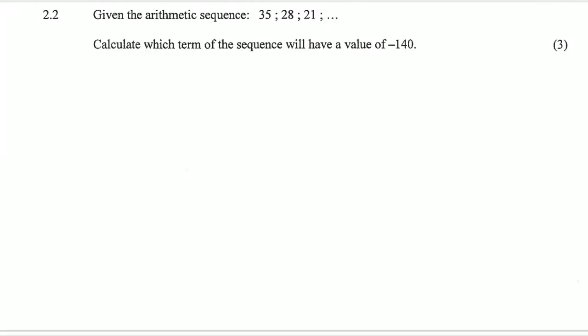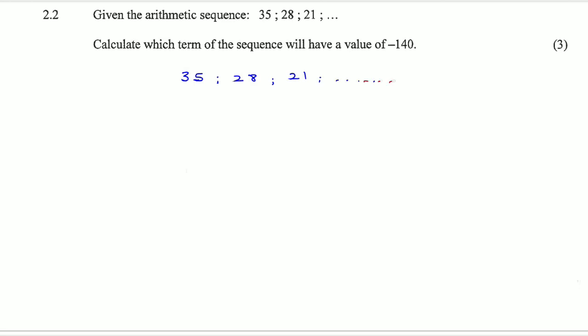In question 2.2, we're given the arithmetic sequence 35, 28, 21, and so on. We need to calculate which term of the sequence will have a value of minus 140. We'll write the sequence down here: 35, 28, 21, and so on.